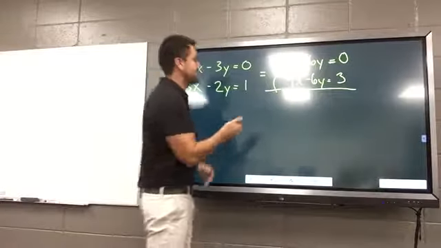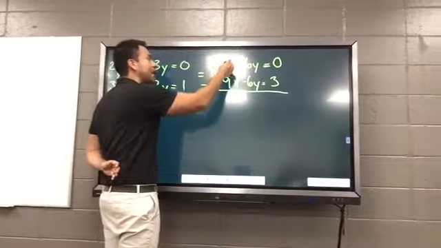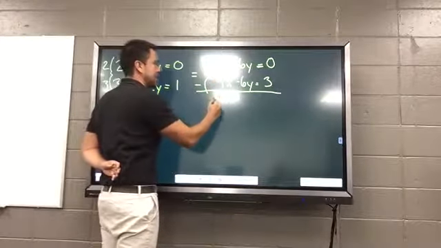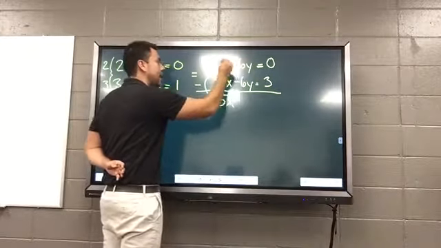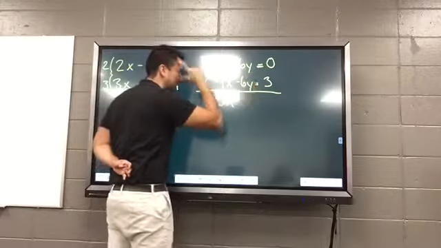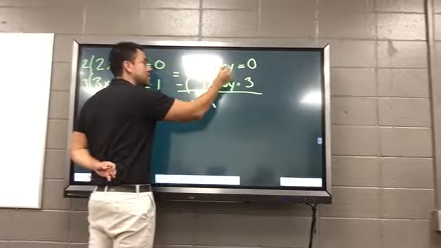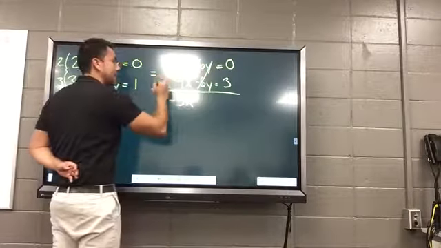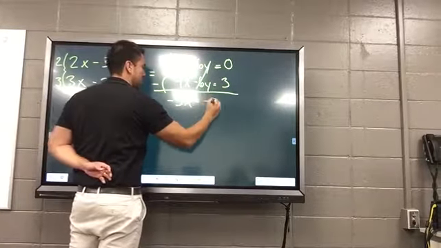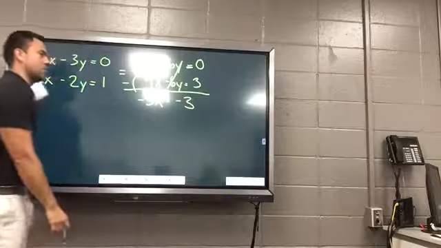Subtract. Because if you add, then it doesn't cancel. 4x minus 9x is -5x. -6y minus -6y is really -6y plus 6y, eliminated. 0 minus 3. Ooh. Uh-oh.